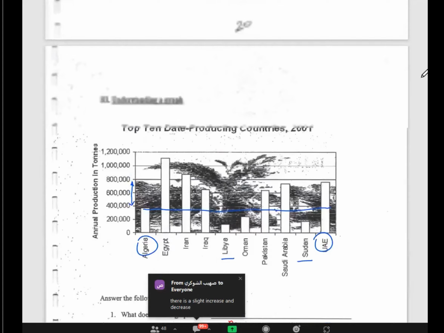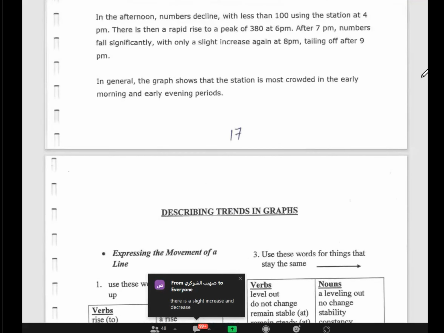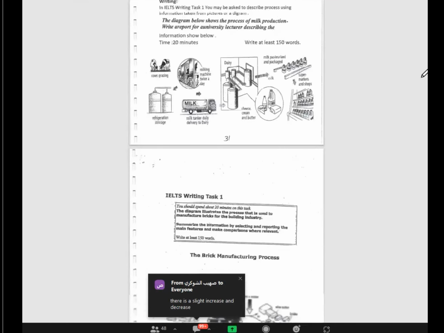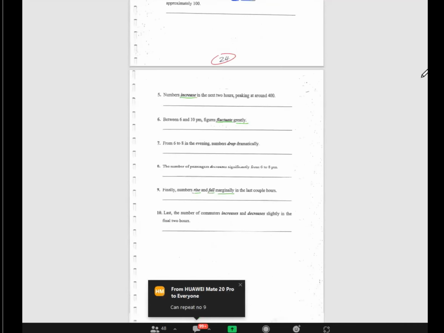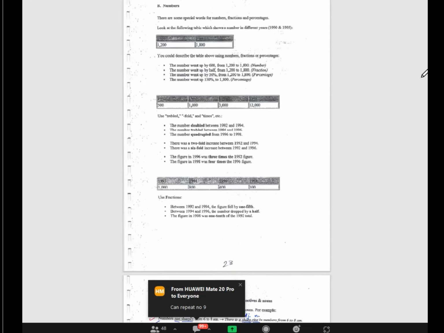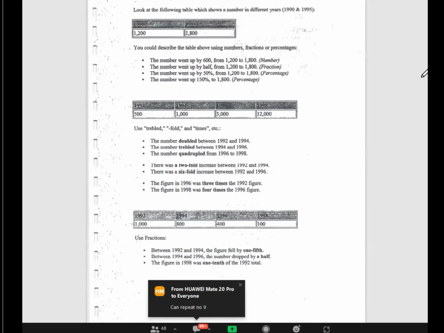We will see now how to use the numbers. That is in page, I missed that page. Yes, here, page 23. Page 9. Or number 9, you mean? Number 9.